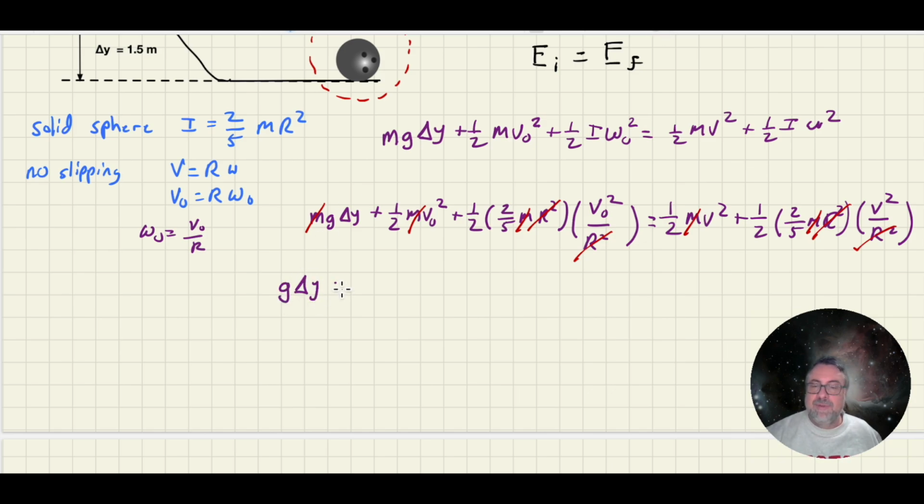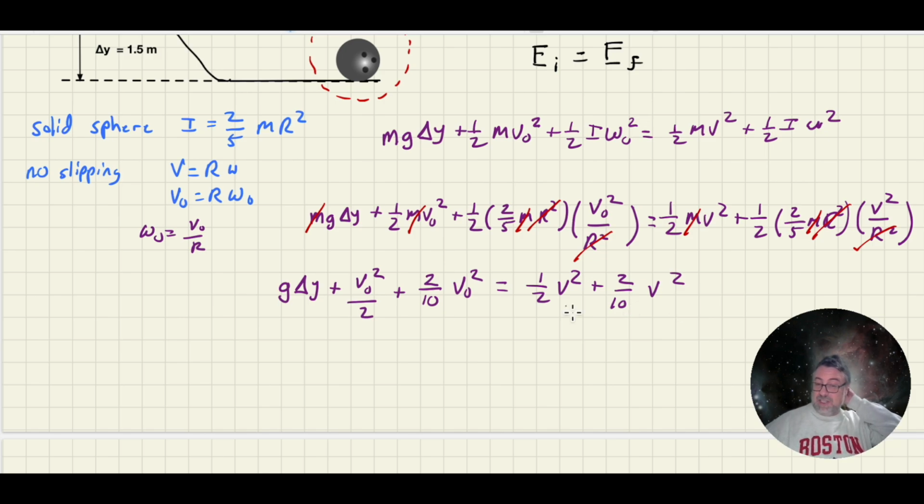I have g delta y plus v naught squared over 2 plus, well, here I have 1/2 times 2/5, so that's going to be 2 over 10, plus 2 over 10 v naught squared, equals 1/2 the final velocity squared, plus again, I have 1/2 times 2/5 on this side, so that's 2 over 10 times the final velocity squared.